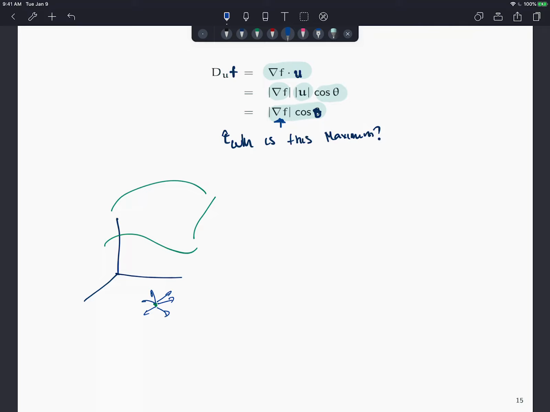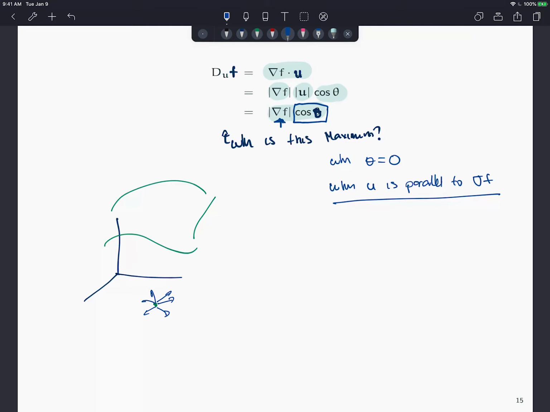Well, the maximum would be when the cosine value is the maximum, and the cosine is maximum when theta is 0, because the cosine is 1. So when is this the maximum? When u, the vector u, is parallel to the gradient.